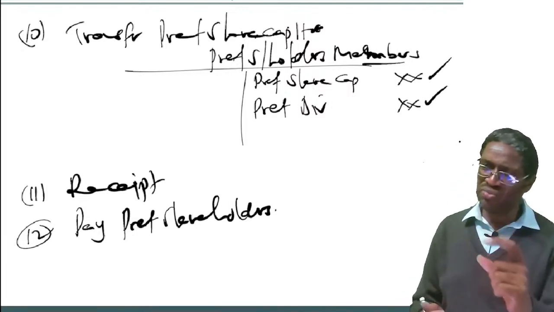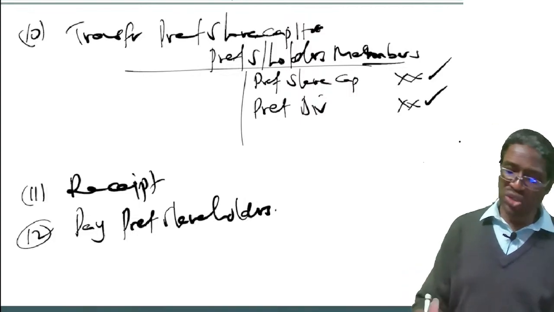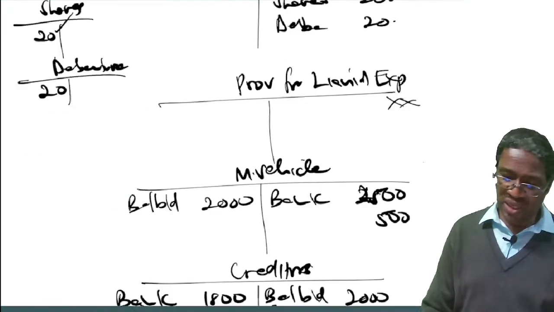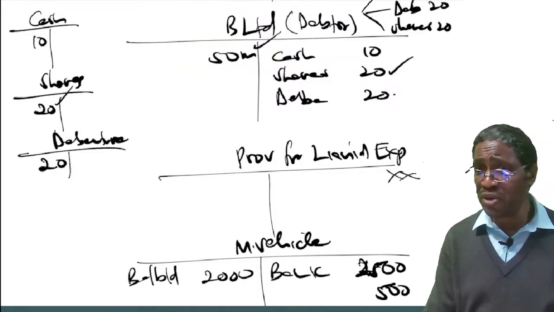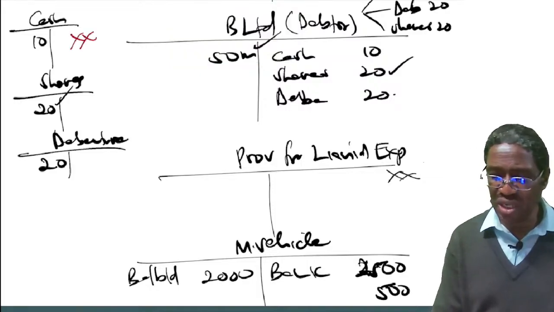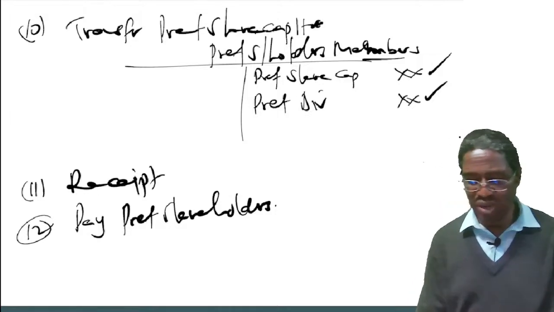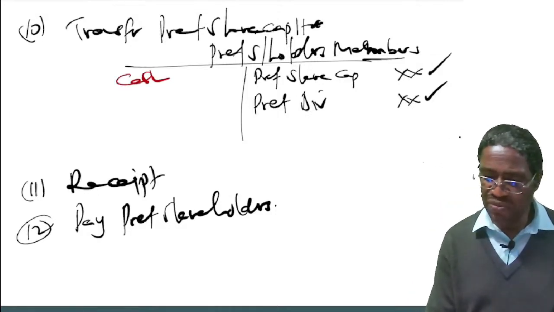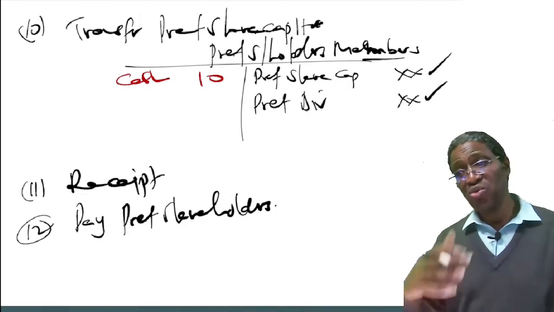Let me assume that you are told you are giving them cash. Remember, you received cash, you debited it here. Now that you are using it to pay the preference, you will credit cash here and you will debit the members account here. You now come and debit the members, you come and say your preference 10 million. If you are giving them shares, you go credit the shares.